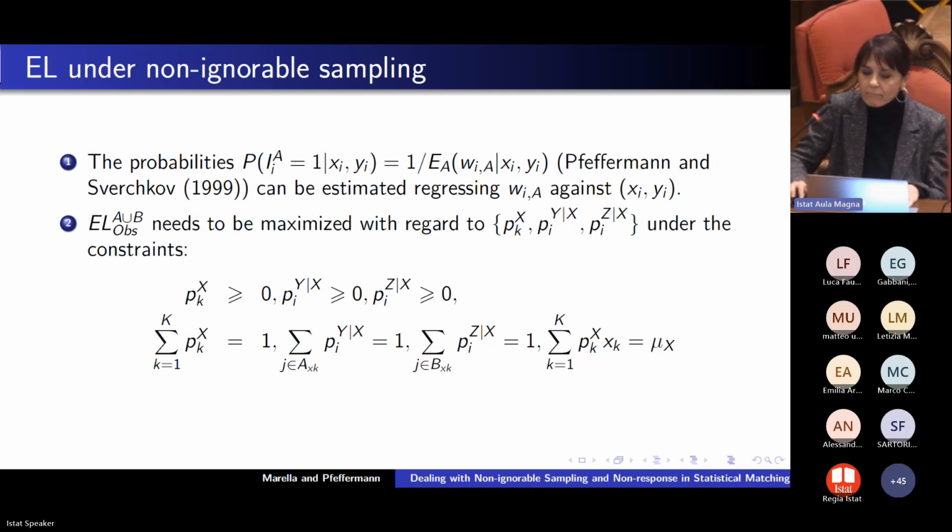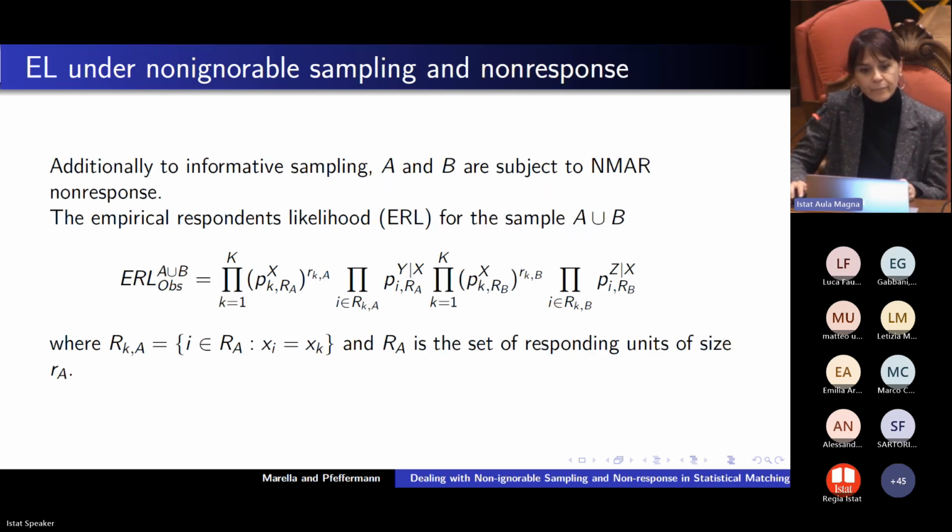Notice that after having estimated the population parameter, we can test the null hypothesis that the sample model fits the sample data using classical test procedures, because the sample model refers to the observed data. Now, additionally to informative sampling, we assume that A and B are subject to a not-missing-at-random nonresponse, and then we obtain the empirical respondents likelihood.